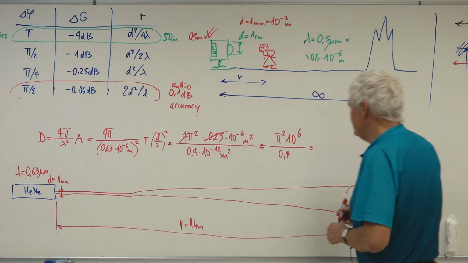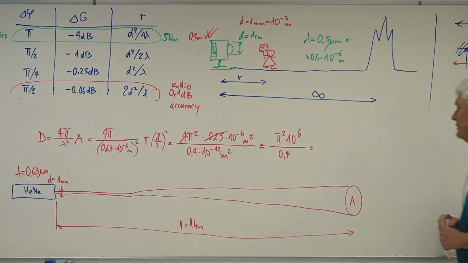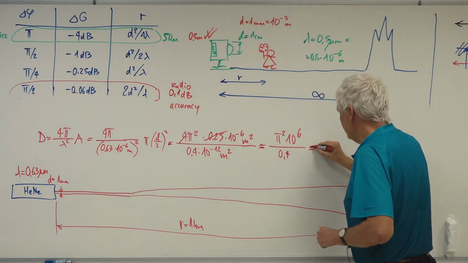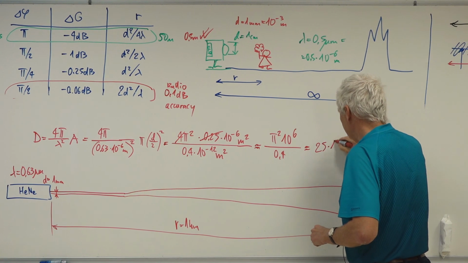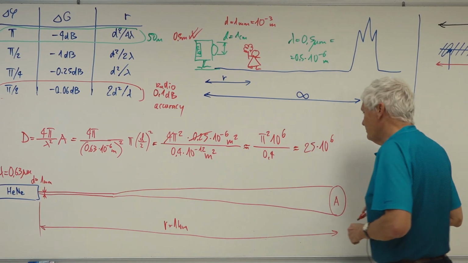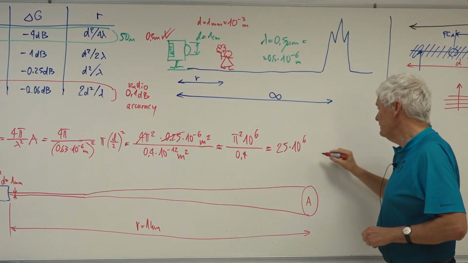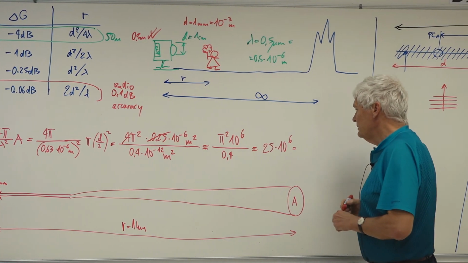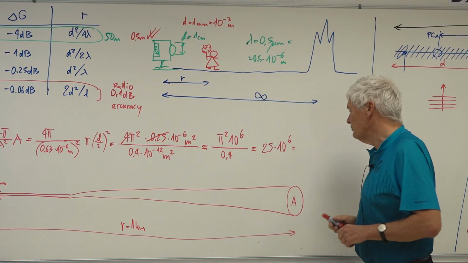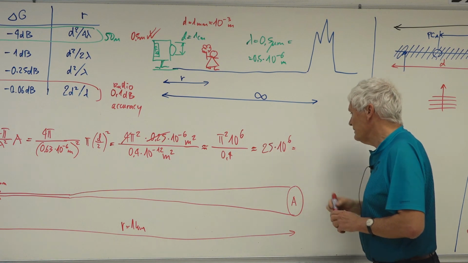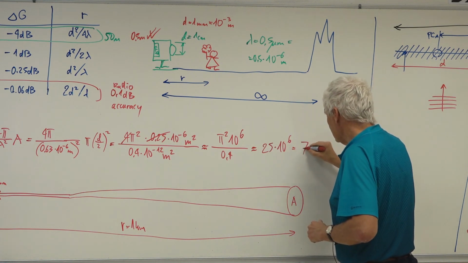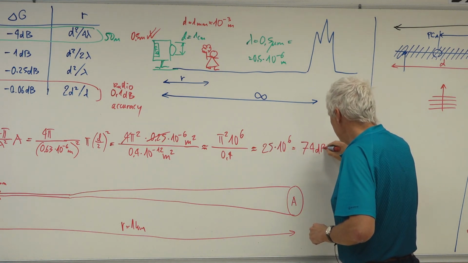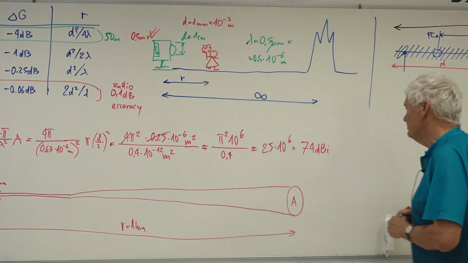Pi squared is about 10. 10 divided by 0.4 is 25. So 25 times 10 to the 6th power. Or in decibels, 25 is around 14 decibels plus 60 decibels here. This is around 74 dBi, just to talk about the helium neon laser.